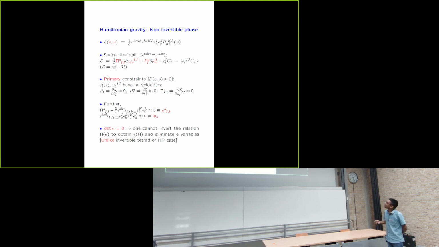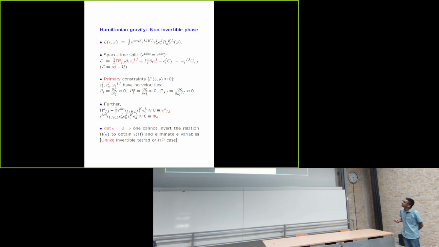So there are primary constraints because some of these variables are not independent. It's not essential to go into the details of what they are, but it's obvious from this form. So these are the primary constraints which relate the coordinates and momenta through this kind of a generic relation. Okay. However, what is the difference from the case of standard Hilbert-Palatini gravity where the tetrad is invertible?